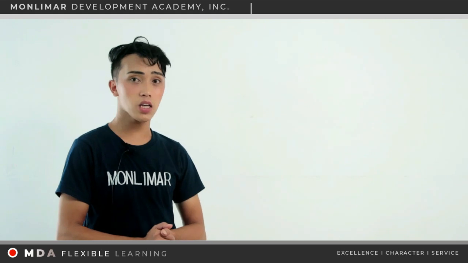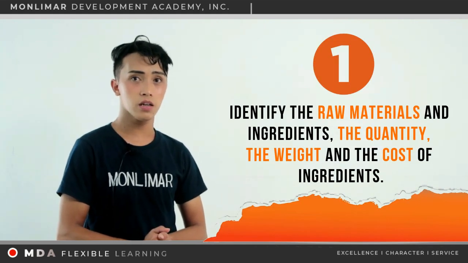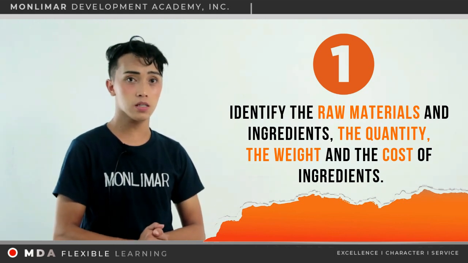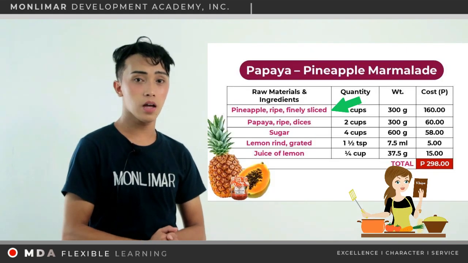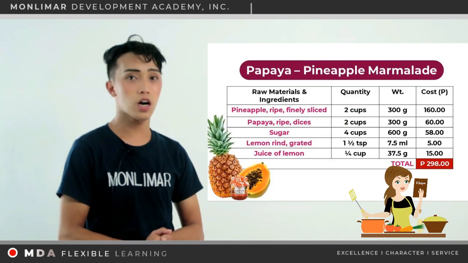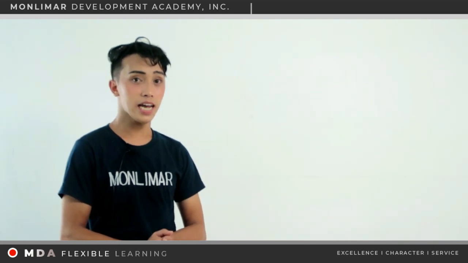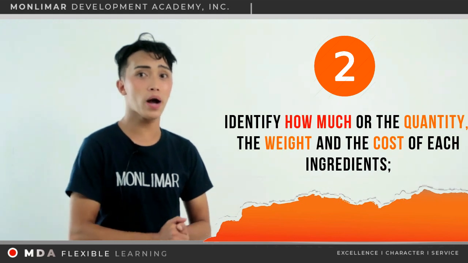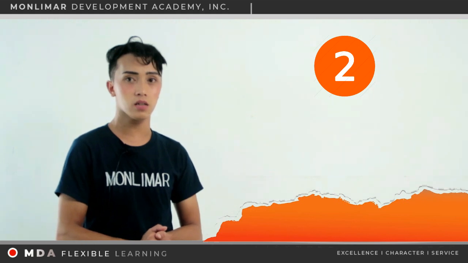So first, we need to identify the raw materials and ingredients, the quantity, the weight, and the cost of ingredients. The ingredients that we need are ripe pineapple, ripe papaya, sugar, lemon rind, and lemon juice. Next, we need to identify the quantity, the weight, and the cost of each ingredient.